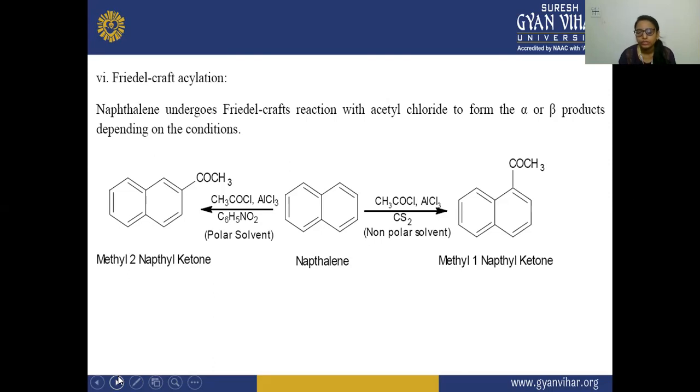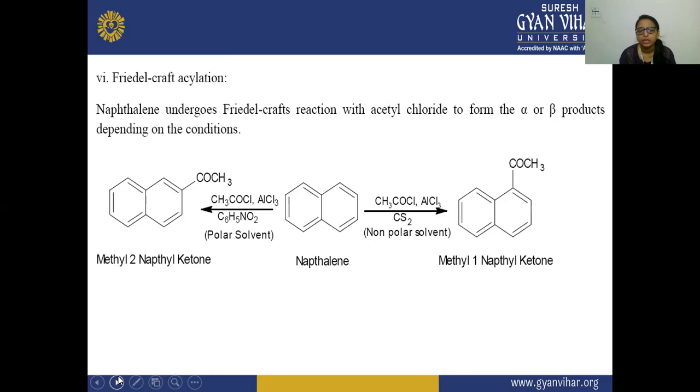So in this Friedel-Crafts acylation, naphthalene undergoes Friedel-Crafts reaction with acetyl chloride, and there is a formation of the alpha or beta product depending on the condition. In both cases it is reacting with the same reactant, acetyl chloride, but the condition is changed.